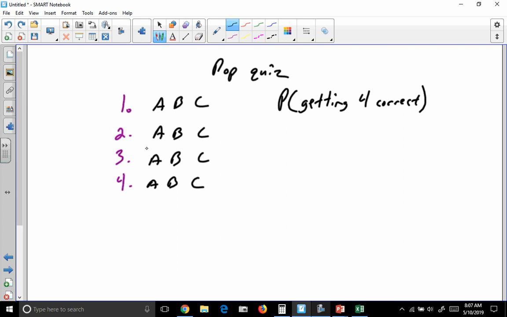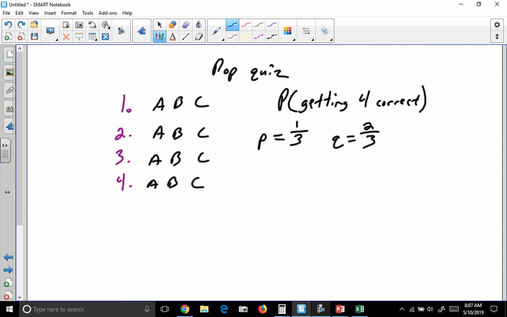Notice we have 4 questions, so these are 4 trials. We're assuming that for each question there's 1 correct answer, so the probability of success for each question is 1 correct out of 3, so 1/3, which means the probability of failure is 2/3.